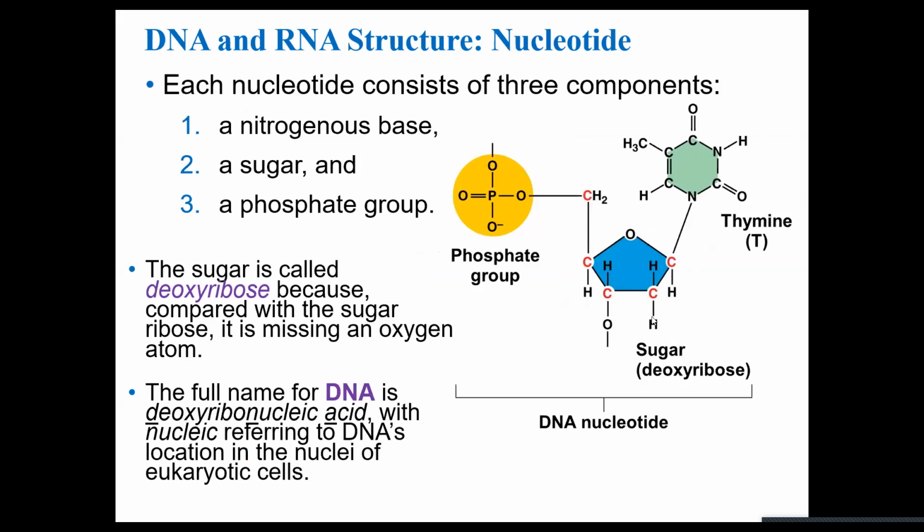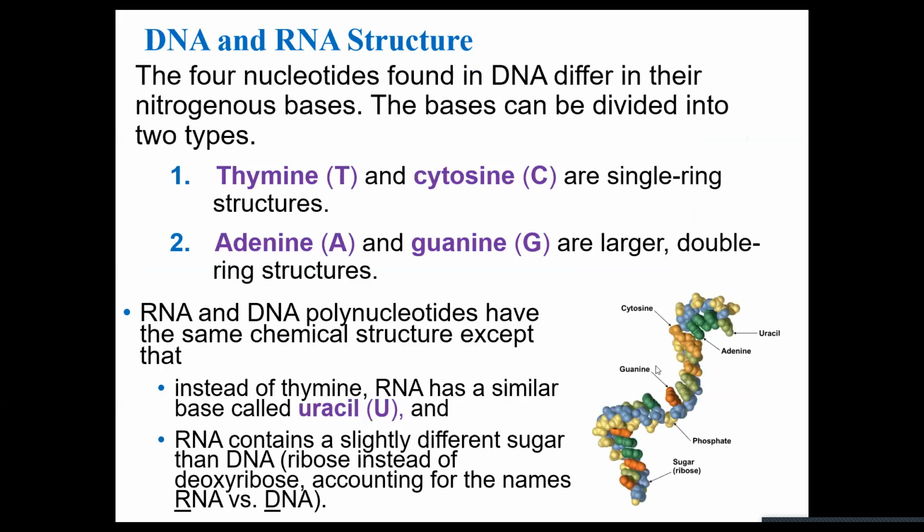And of course, nucleic refers to DNA's location in the nuclei, but we know in chemistry, nucleic acids are the types of acids that exist inside nuclei sometimes in cells that dictate how or what a cell will do, rather.